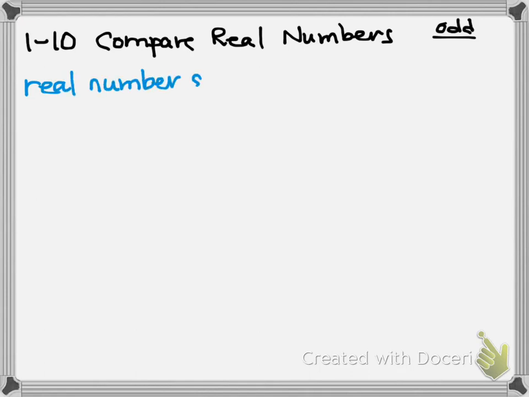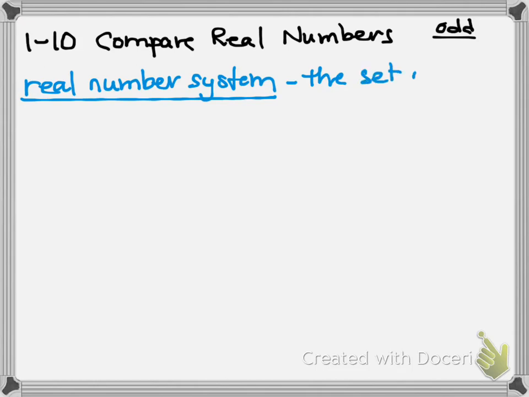It's actually a system, so I'm going to call it the real number system. The real number system is the set of all rational numbers. Remember, rational includes all the integers, all the whole numbers, all the natural numbers.